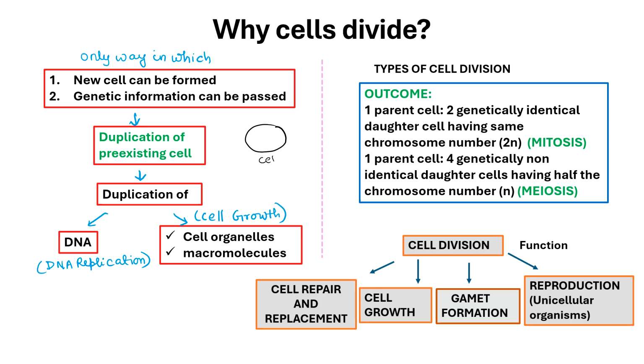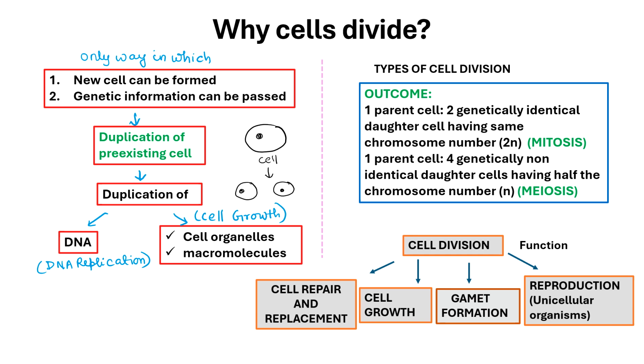So this cell has to duplicate itself to make a copy of itself, right? So it is the only way in which new cells can be formed, okay? And the genetic information, whichever is stored in the nucleus, can be passed on to the progeny, okay?